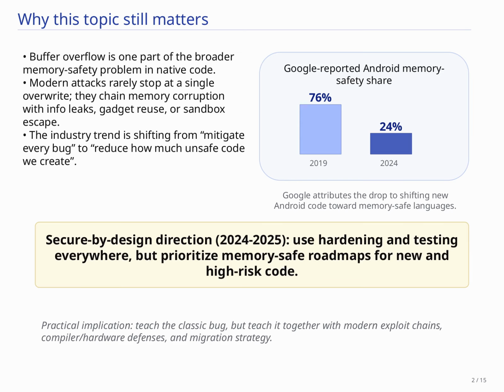Buffer overflow is still one of the broader memory safety issues in the native code. And modern attacks rarely stop at a single overwrite. So they chain memory corruption, info leaks, and gadget reuse or the sandbox escape. These are all different concepts. What is this? This is, first of all, chain memory corruption with some leaks.